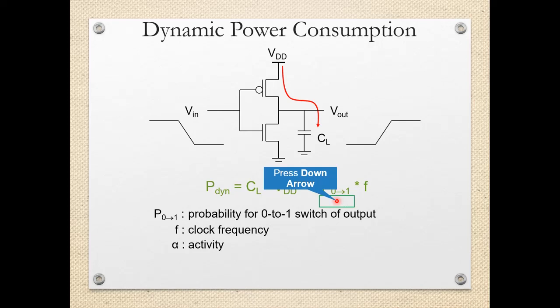In the previous part of this lecture, what we have seen is the power will get consumed only when the output transition is from logic low to logic high. When the other transition is there, from logic high to logic low, there is no power consumption, because at that time the N MOSFET will be on, there is no connection with the VDD supply, and no power will be consumed.